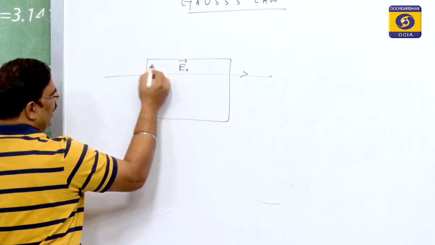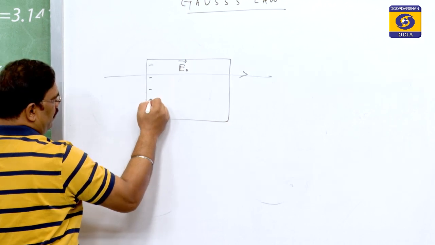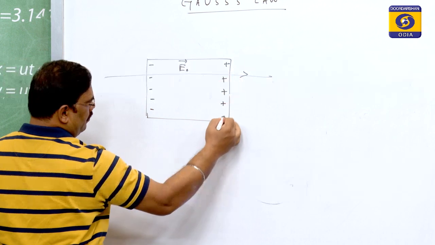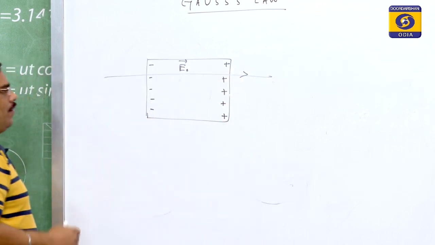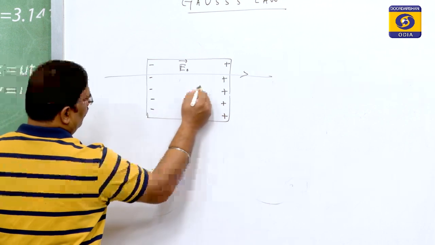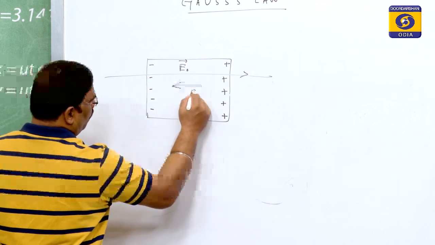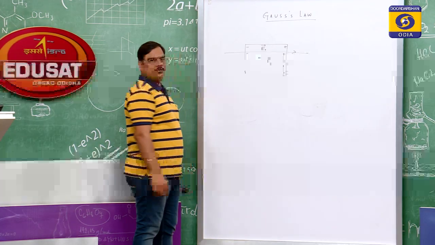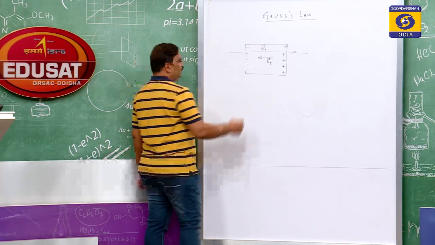Now, this side we will have the negative charges, and on this side we will have the positive charges, whereas the electric field due to polarization will be opposite to the applied field.